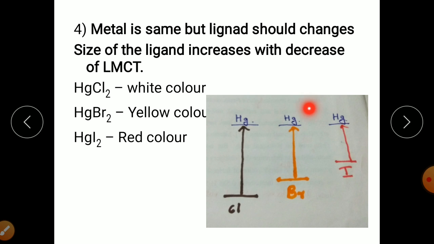We can observe this in the figure. As LMCT energy increases, it moves to the UV region; as LMCT energy decreases, it moves to the visible region.